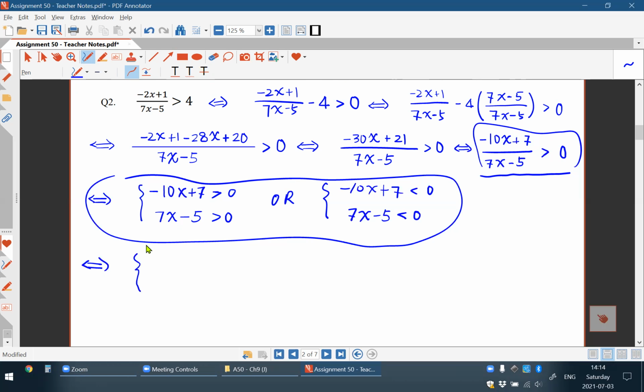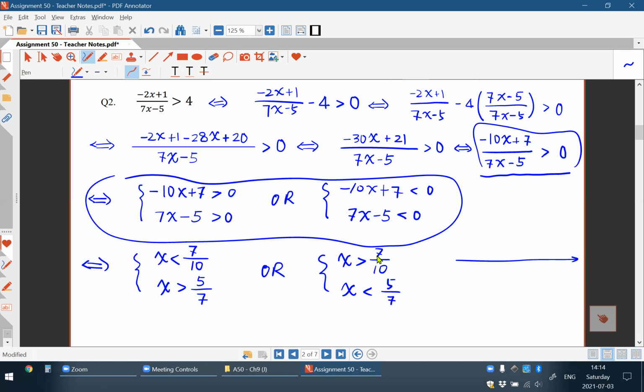First gives us x is smaller than 7/10, right? And second gives us x is larger than 5/7. Or the second problem gives us x should be larger than 7/10, and at the same time, x should be smaller than 5/7. So now we need to consider which number is larger, their relative positions on the number axis.